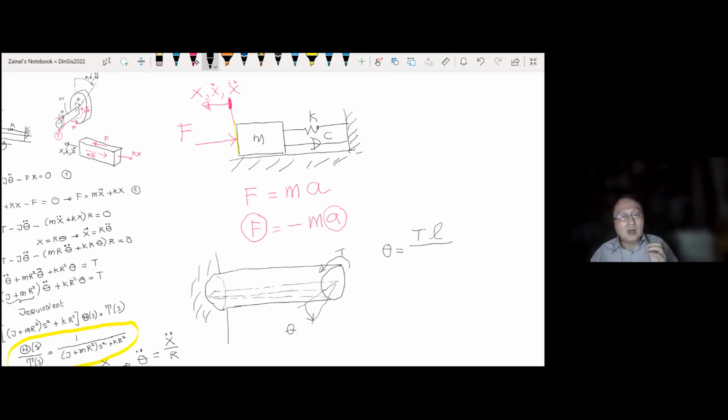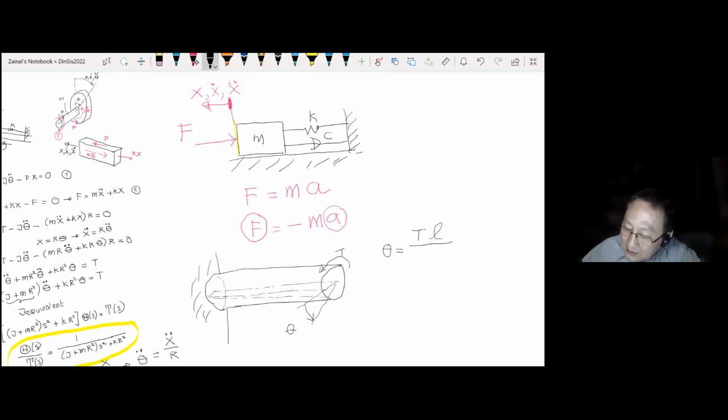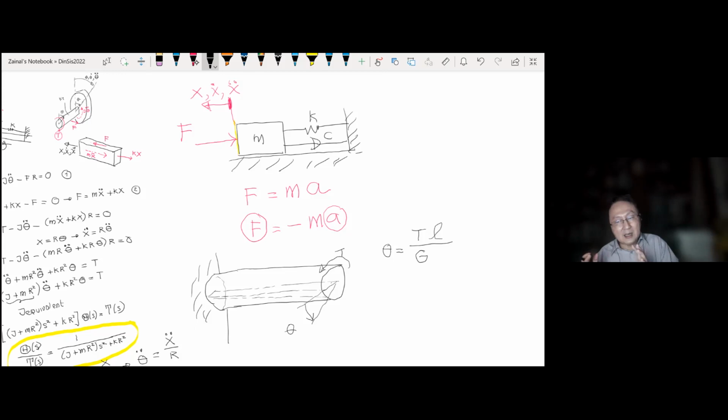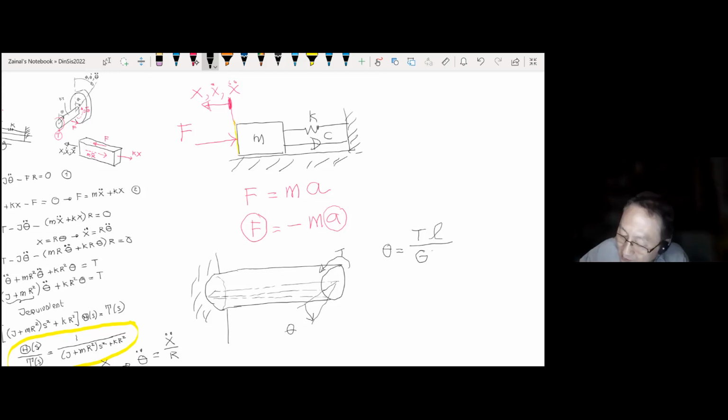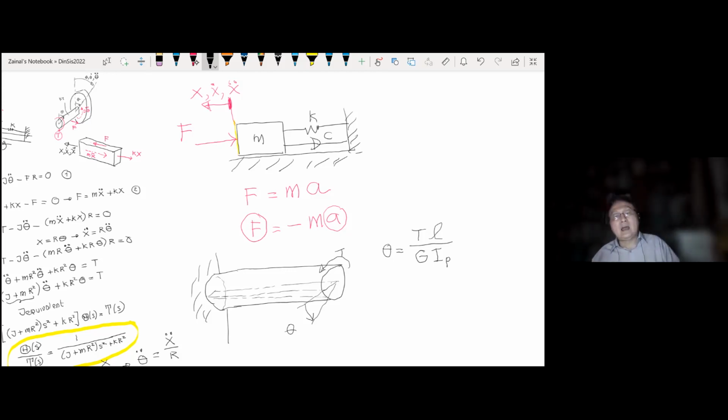If you have a stiff or strong material, then G becomes bigger and theta is small. And also depends on the diameter, which is represented by the polar area moment of inertia.